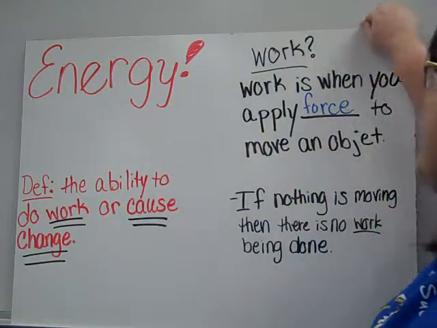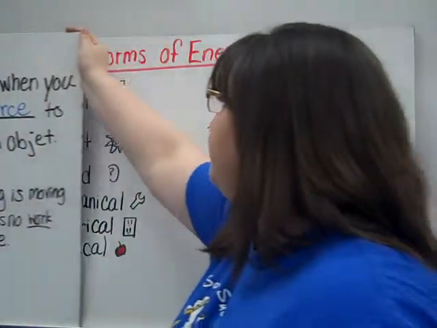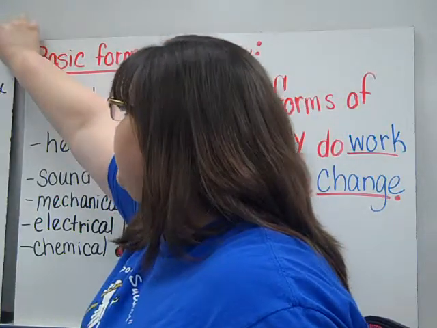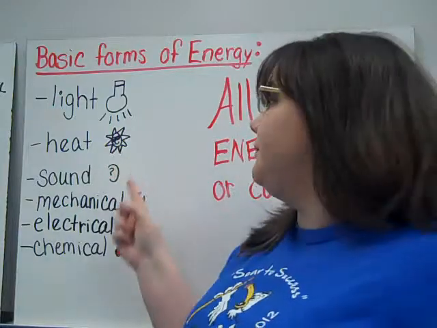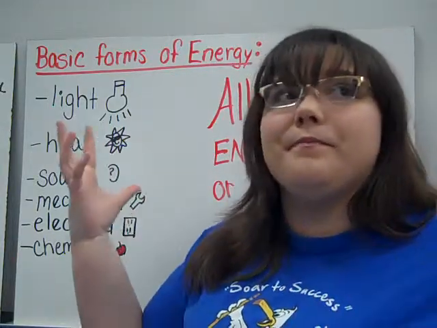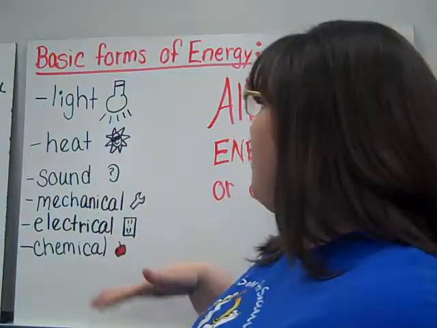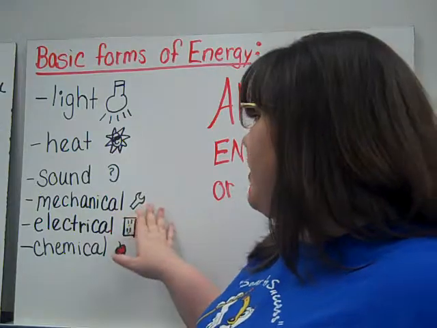Very important to remember. Now we're going to talk about some of the basic types of energy, the basic forms. Light, just like from a light bulb or the sun. Heat that we also get from the sun or from the heating in the home. So we're talking about light and heat, sounds that we hear.